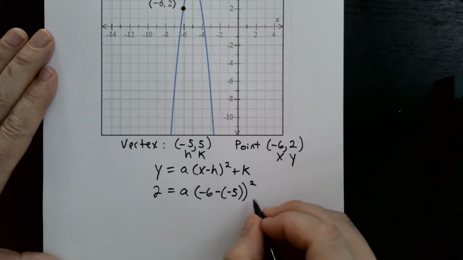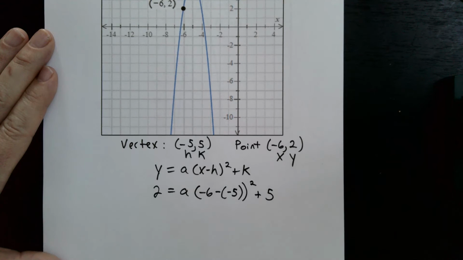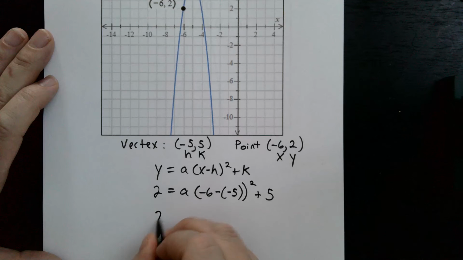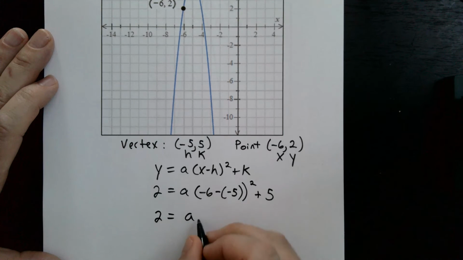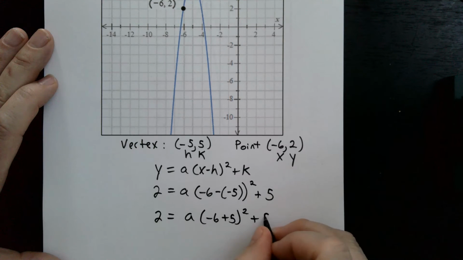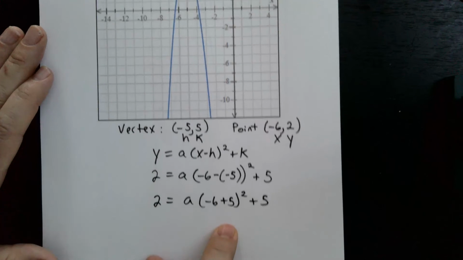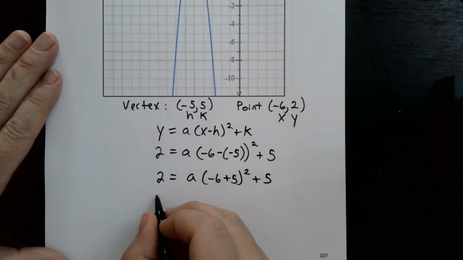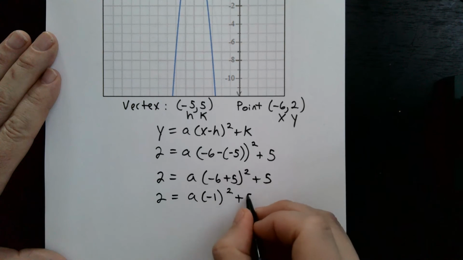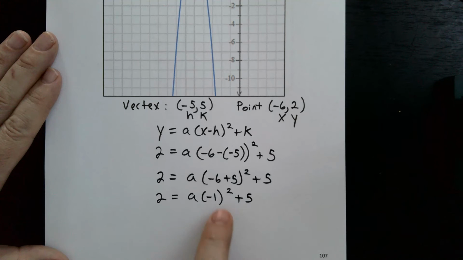The minus turns into plus, so we get 2 is equal to a times -6 plus 5 squared plus 5. -6 plus 5 is -1, so 2 is equal to a times -1 squared plus 5. -1 squared is -1 times -1, a negative times a negative makes a positive, so it just turns into a 1.